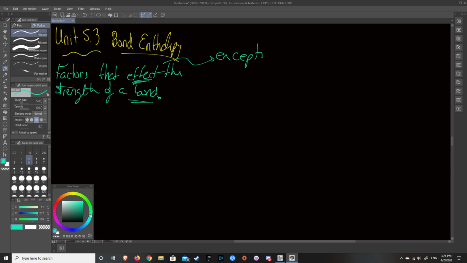There are circumstances where some of this is false. These are some factors that affect it, but that is not true in every circumstance.